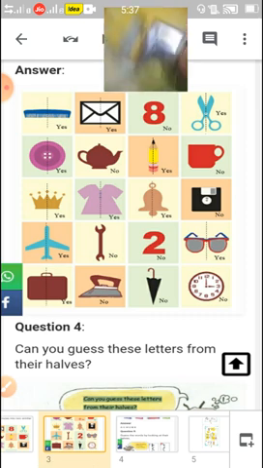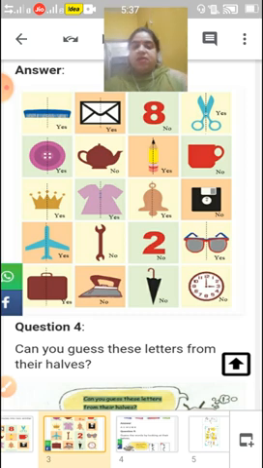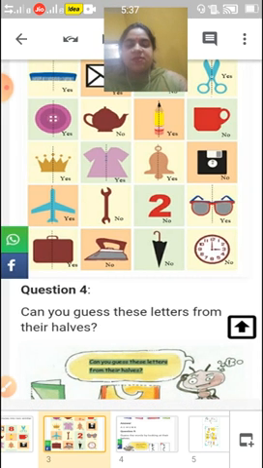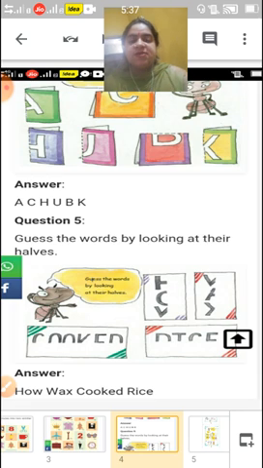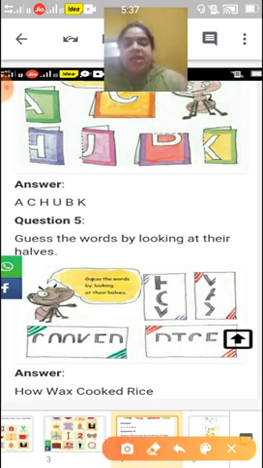Can you guess these letters from their halves? Now can you guess children? What are these letters? Okay. Now you have to guess the letters. Now your first letter is A. You have to complete like this children and you have to guess.